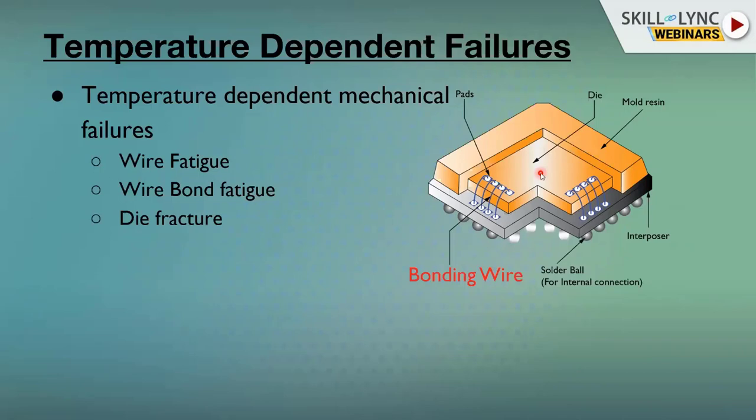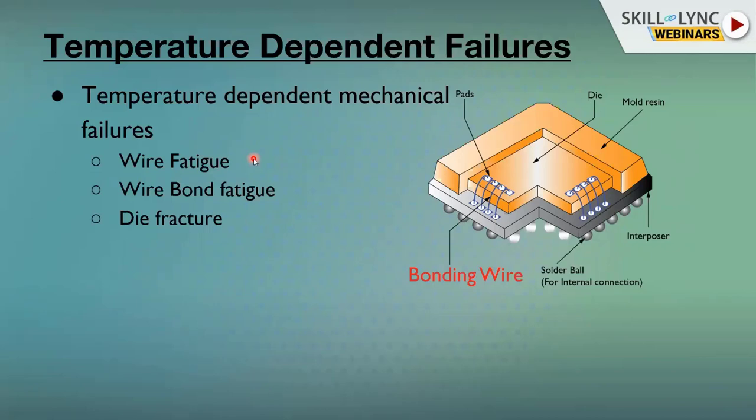Whenever you have a repetitive load, we use the word fatigue. In mechanical failures, we generally classify it into three parts: wire fatigue, wire bond fatigue, and die fracture.